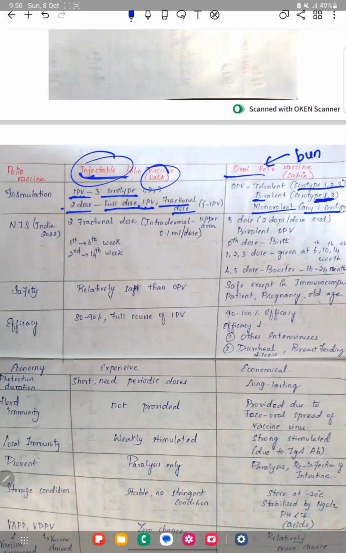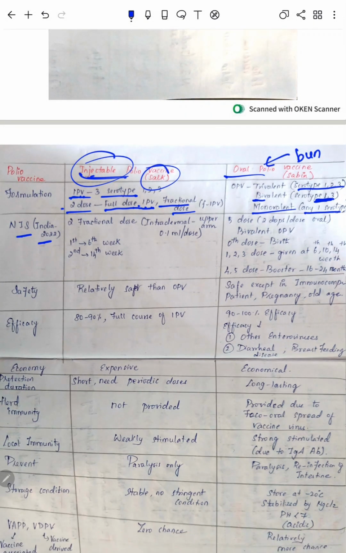In the national immunization schedule of India, we are giving 2 fractional doses by intradermal route, site is the upper arm, 0.1 ml per dose. The first dose is given at the 6th week of the newborn, and the second dose at the 14th week. For oral polio, 5 doses are given, 2 drops per dose.